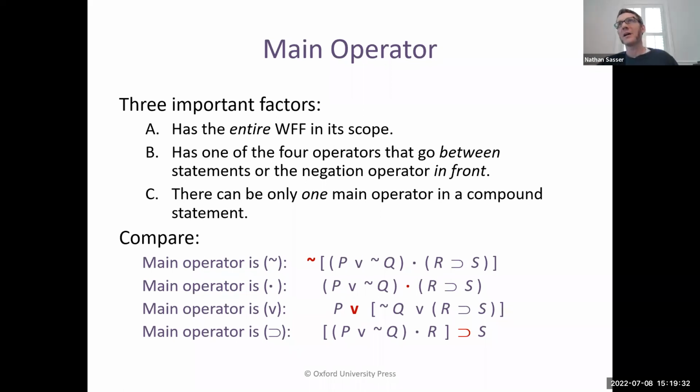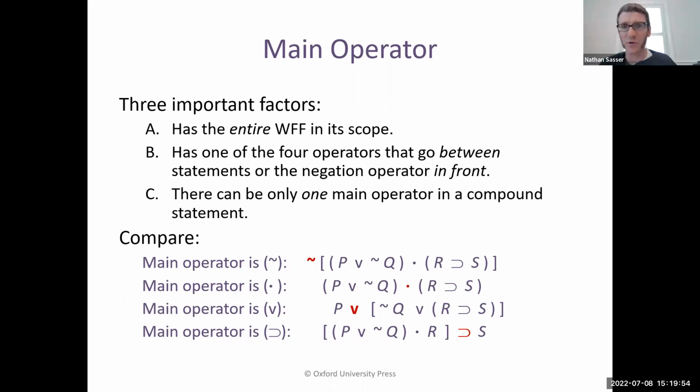Now, figuring out the main operator, as well as these other rules about the well-formed formula, you can think of them as sort of order of operations, like you learned in mathematics. If you remember in middle school, I learned, please excuse my dear Aunt Sally. And that was supposed to tell me the order of operations in which I solve a particular math problem.